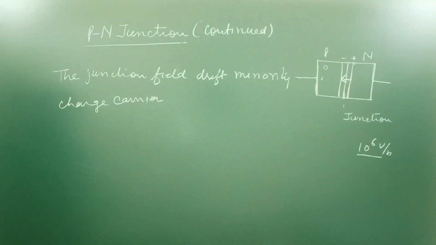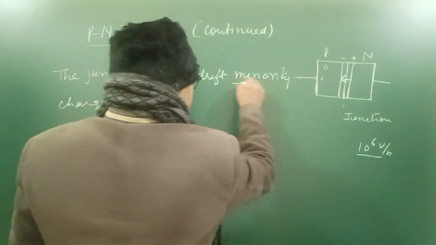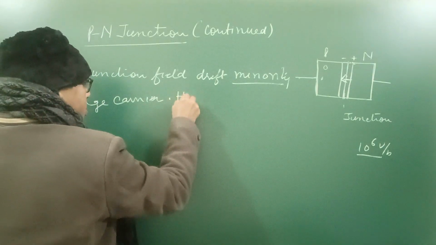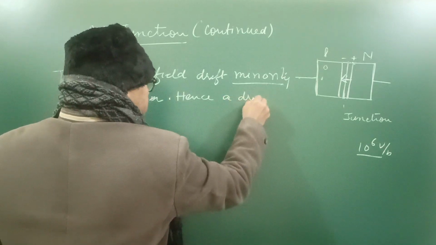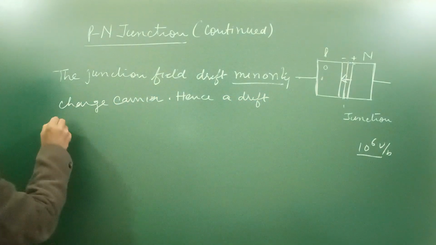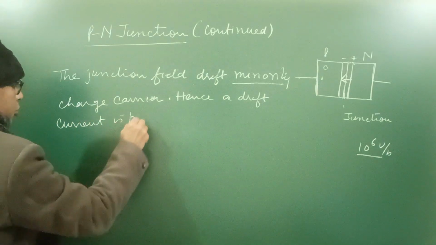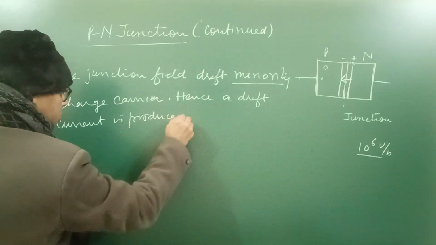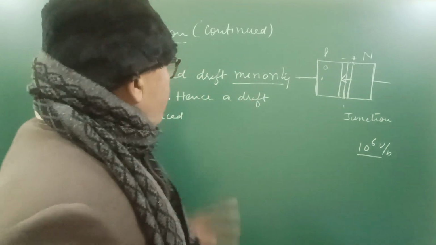The junction field drifts the minority charge carriers, and hence a drift current is produced, meaning net positive charge flows from N to P region.